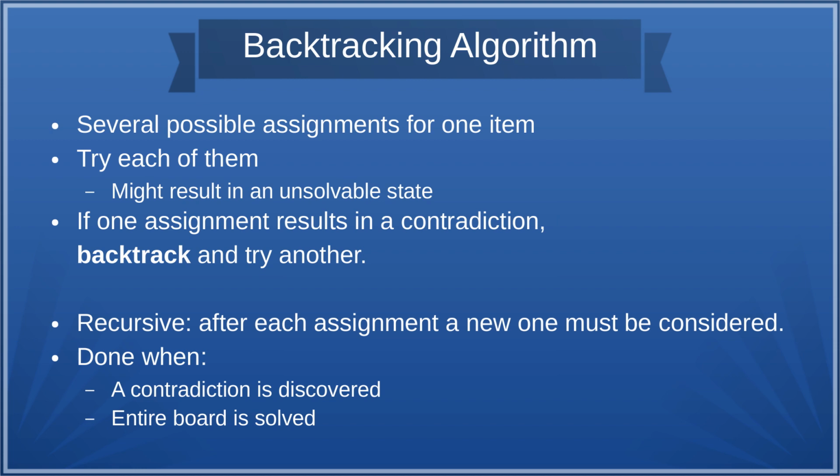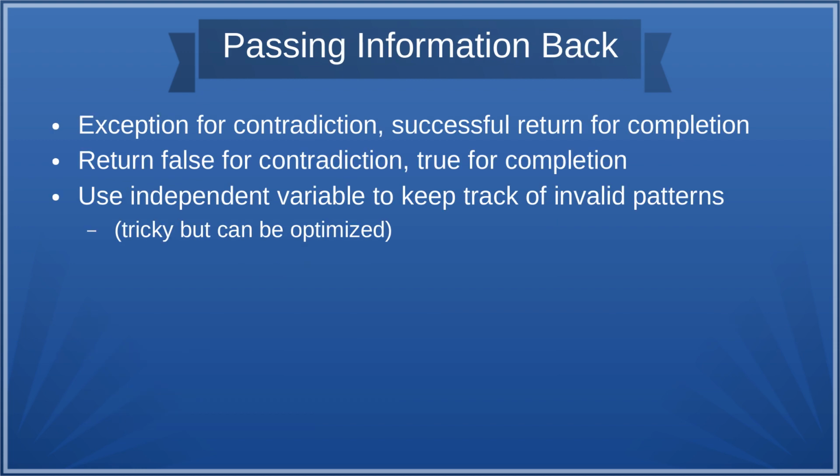The algorithm is recursive. That is, after making a conjecture as to what one item is, you then need to conjecture about another item. Only when you find a contradiction, or the entire problem is solved, can you end the recursion. My implementation distinguishes between these 2 cases by using a custom exception called contradiction. If a contradiction is raised, then the last assignment must have been invalid.